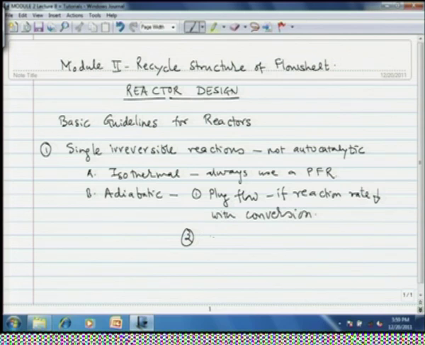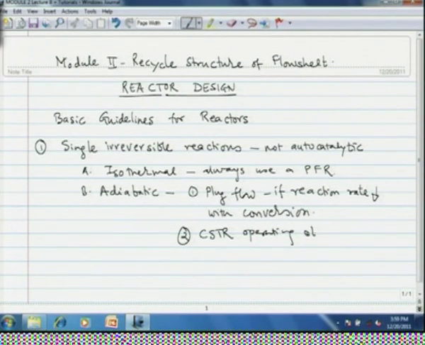Or you can use a CSTR operating at maximum reaction rate, where the rate of heat liberation will also be maximum. So the heat load will be maximum, followed by the plug flow section once the rate of reaction slows down.